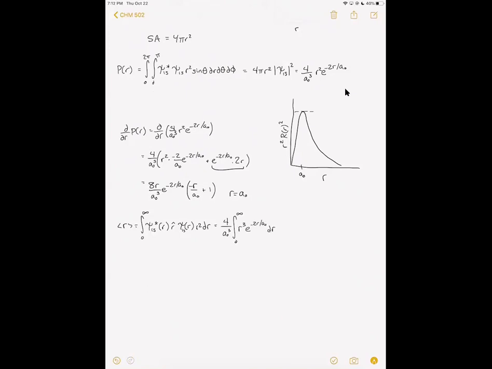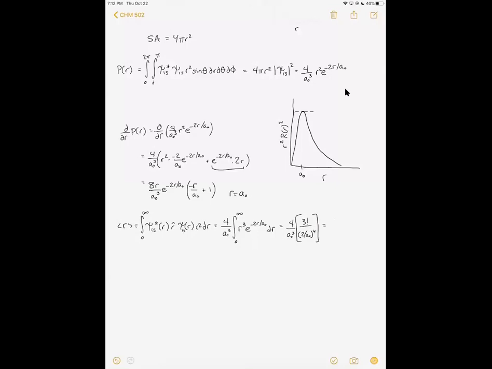This is an integral that you can solve by parts if you're feeling like punishing yourself, or you can look up in an integral table what the solution is. The solution is going to be 4 over a naught cubed, our constants, and then we multiply that by the power of our r factorial, so 3 factorial, and then over 2 over a naught raised to the 3 plus 1, so 2 over a naught to the 4th.